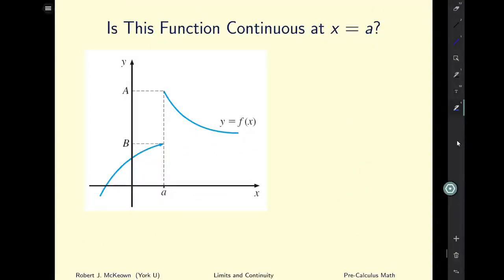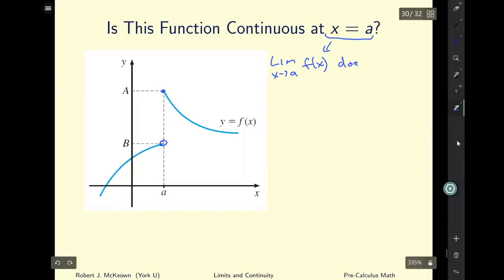Remember this function? We showed previously that, maybe I'll draw like a solid dot there and then a hole here. We showed previously that at x equals a, the limit as x approaches a of this function f of x does not exist.